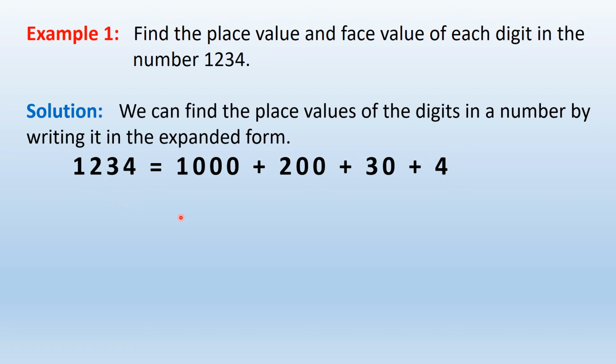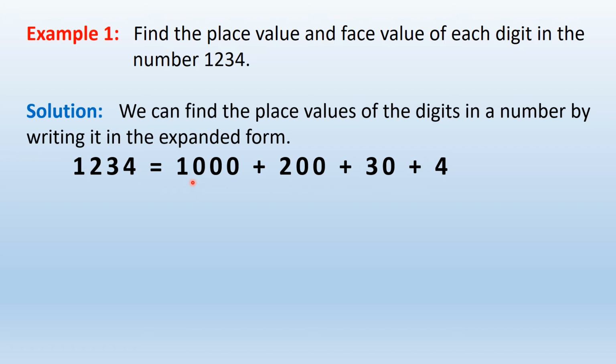Therefore the second term is 200 here, and 3 is in tens place, and 3 tens is equal to 30. The third term in the expanded form is 30. 4 is in ones place, and 4 ones is equal to 4. The fourth term in the expanded form of the given number is 4.